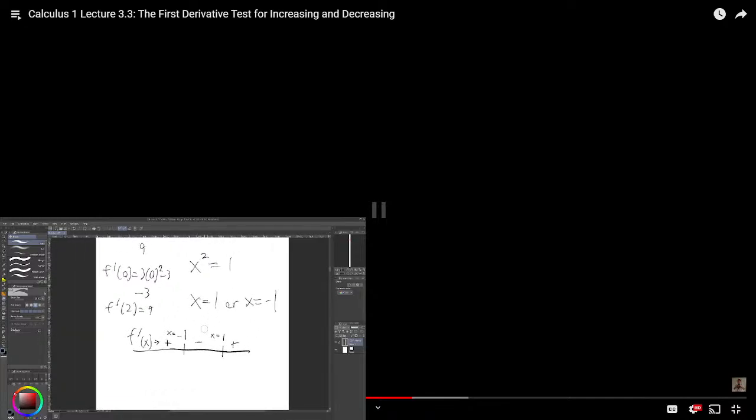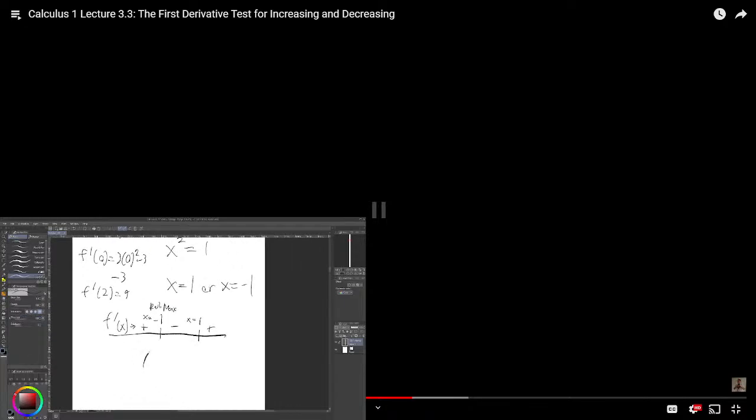Yeah, I'm not going to say that. Wait, this would be a relative max though, wouldn't it? Increasing, decreasing. So it'd look like this. Go like, decreasing. This would be a relative min.